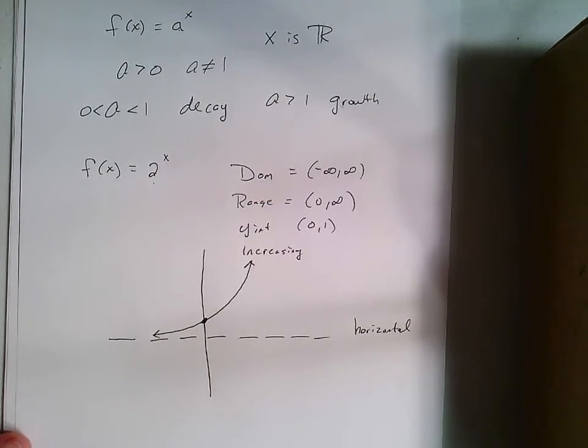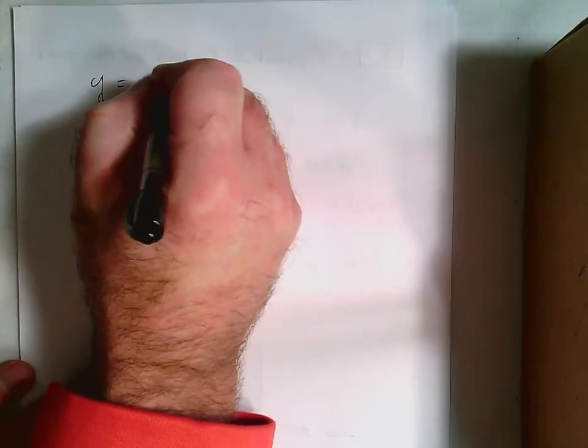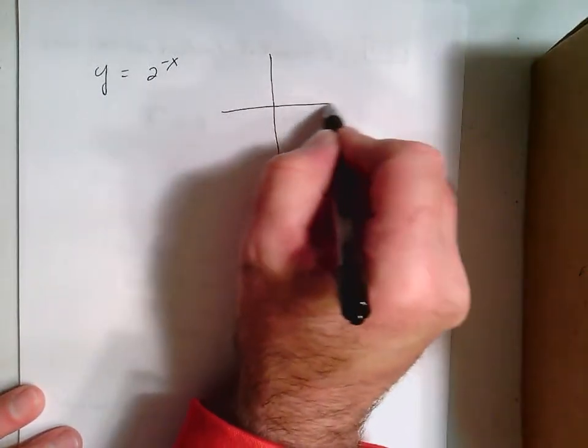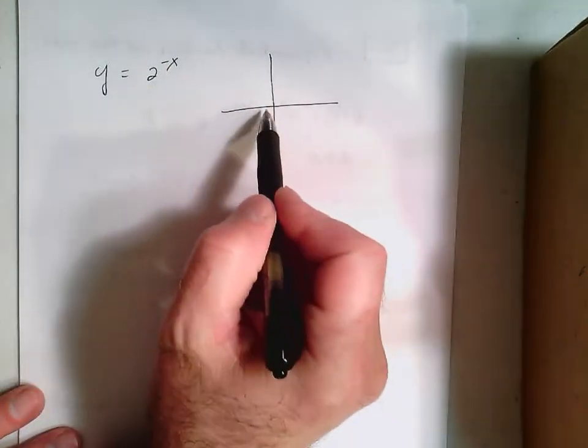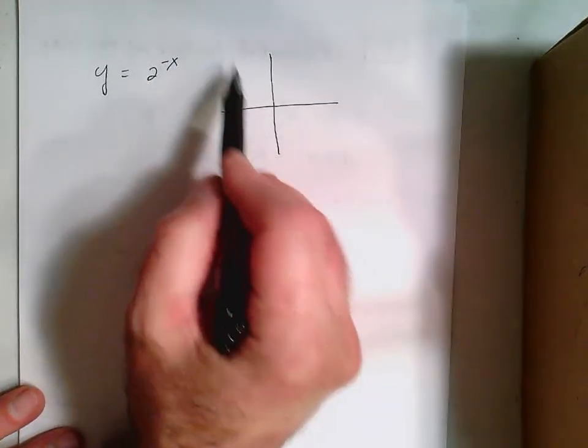So what we do with that, obviously, is that we can start transforming it. For example, we can flip this thing. What if I replace x with negative x? Now, because of the negative exponent, when x is negative, the exponent will be positive, so it's growing this way.